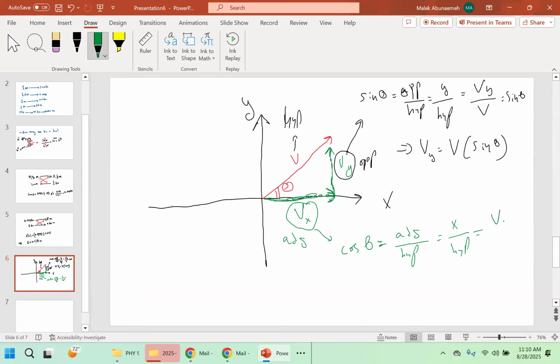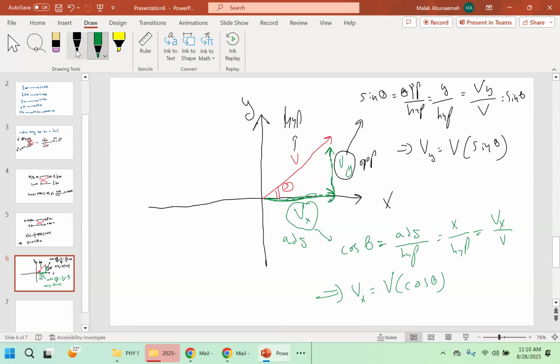This is going to equal Vx over V, and again, this is going to equal cosine theta, which means that the vector in x is going to equal your V times cosine theta.